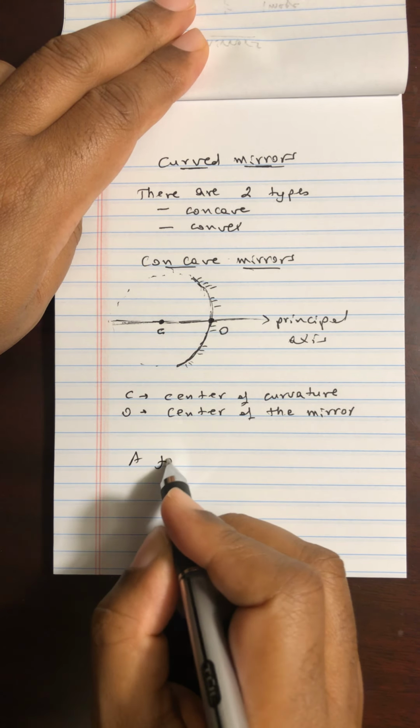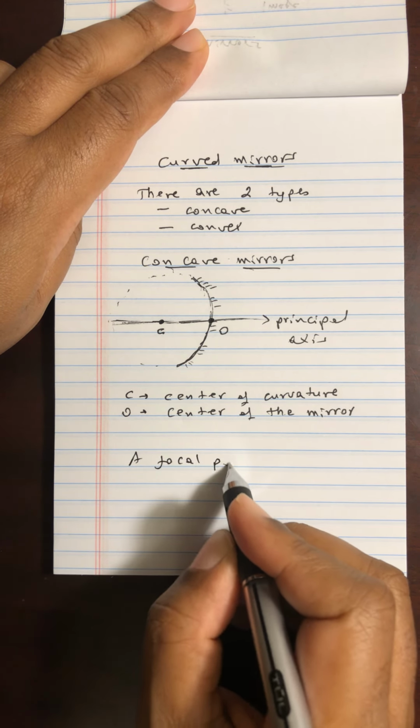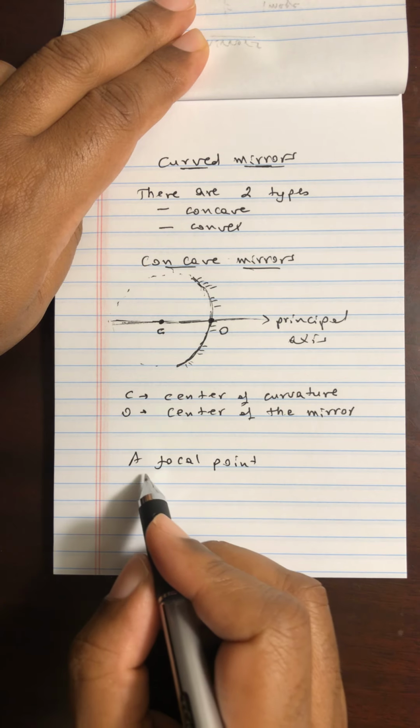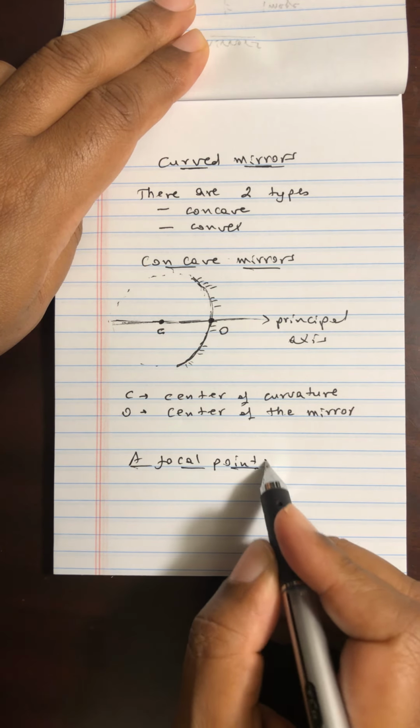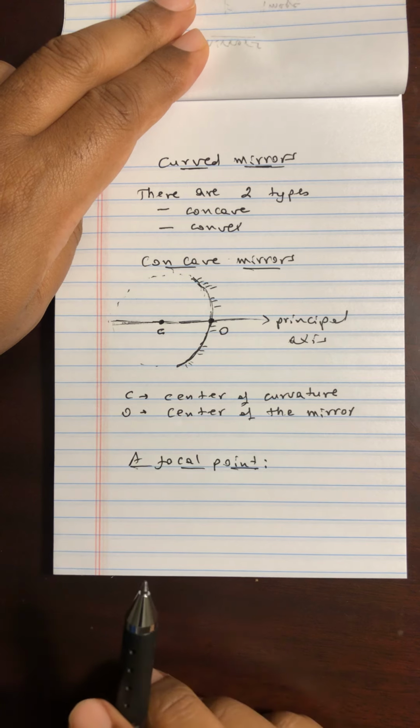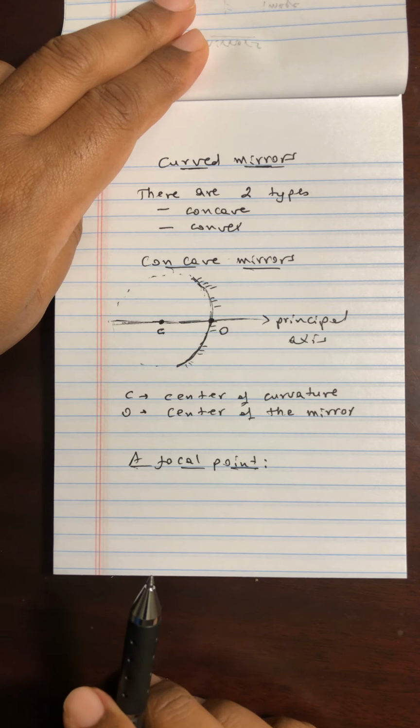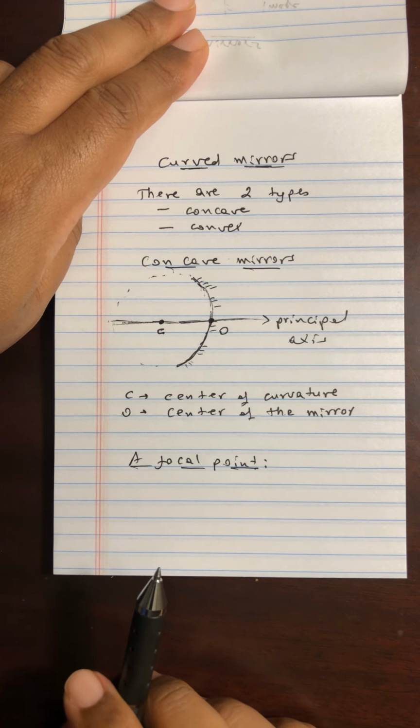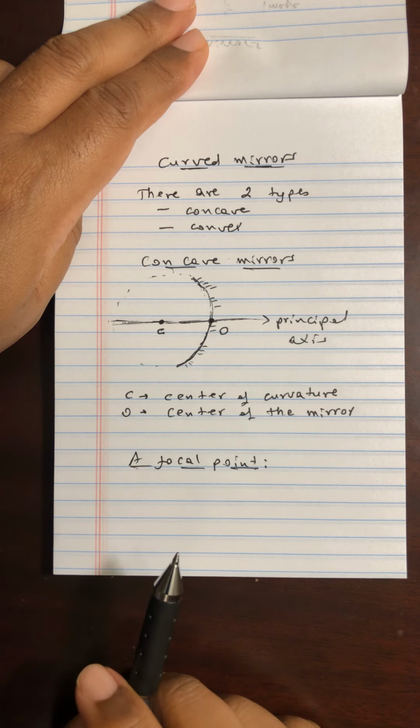A focal point of the mirror is a point where light rays parallel to the principal axis converge after reflection.